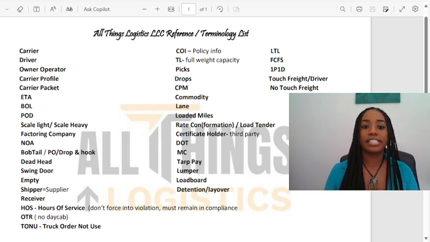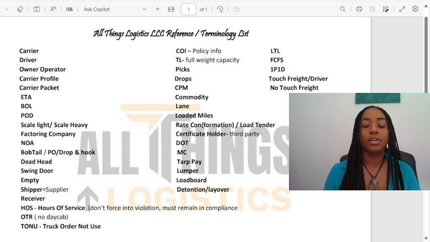Next, we're going to go over detention and layover. Detention is what is paid when a carrier is detained at a location. Now, on average, most often, when a carrier arrives at a shipper, they give them 2 hours to load before they are considered to be going into detention. And the same on the back end.